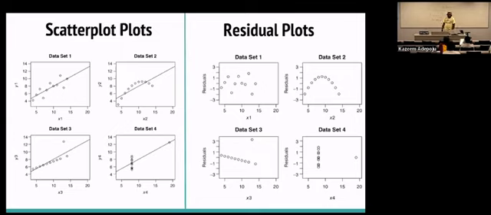For data set 1, you can see the corresponding residual plot. For data set 2, we also have a pattern. If you take a look at data sets 2, 3, and 4, there are violations.